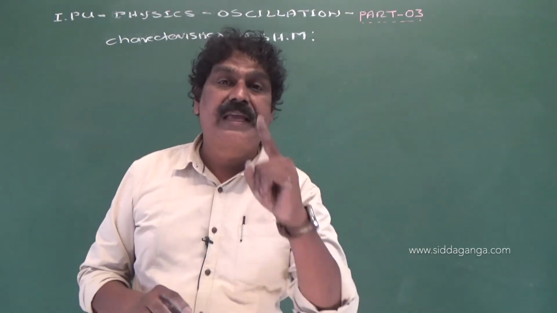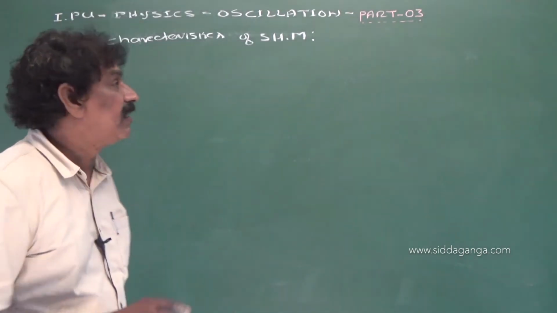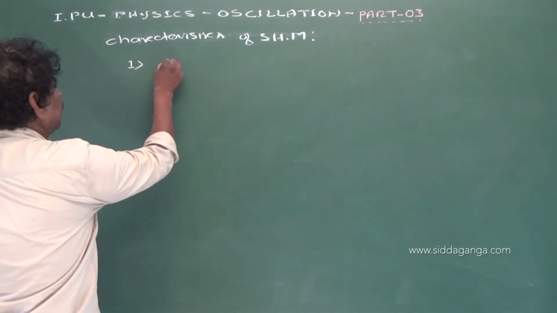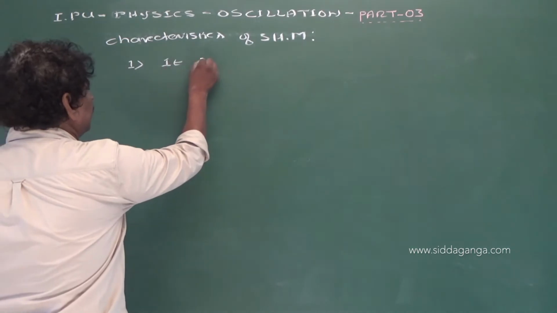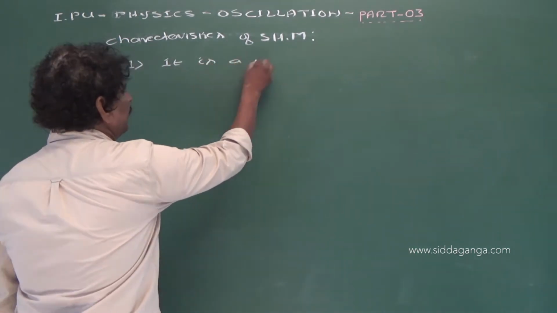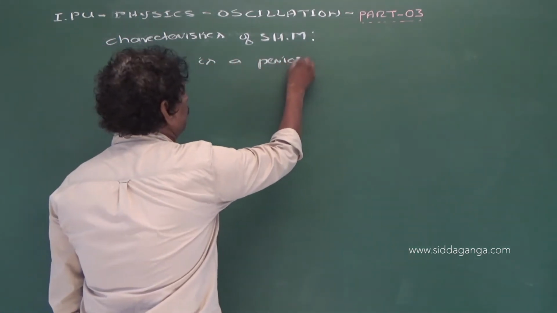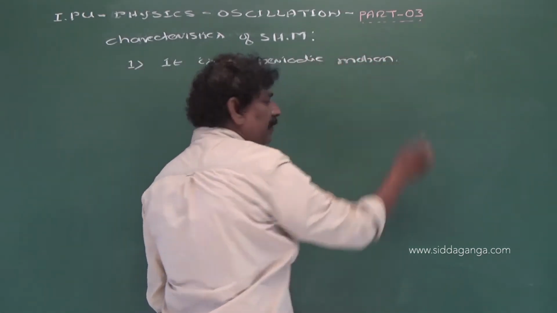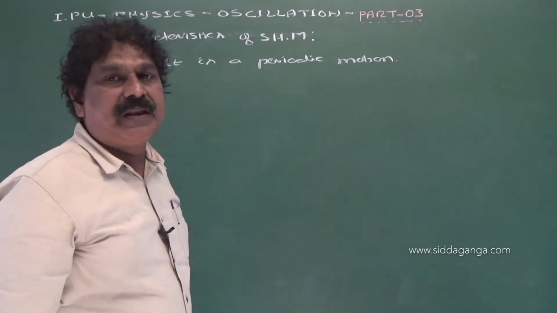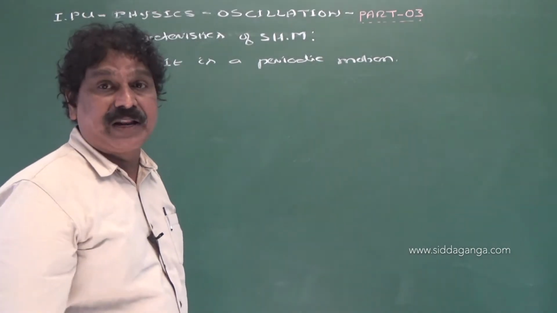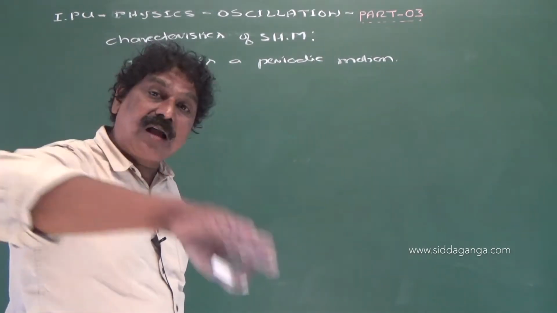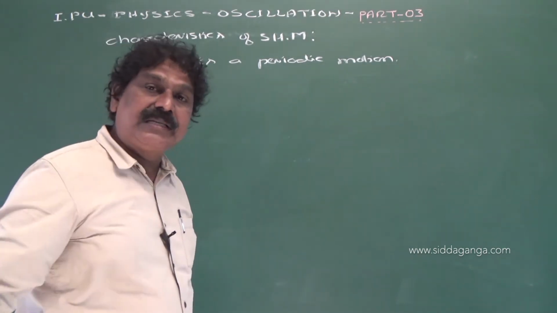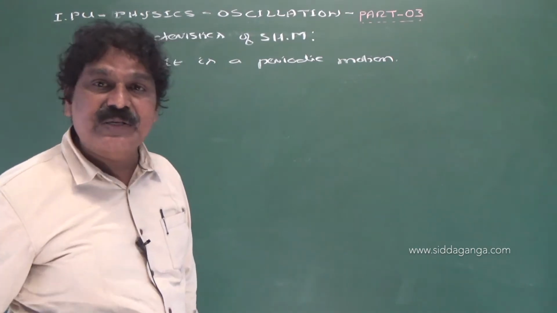These are the characteristics of simple harmonic motion. Number one, it is a periodic motion. Remember that all periodic motions are not harmonic, but all harmonic motions are periodic.